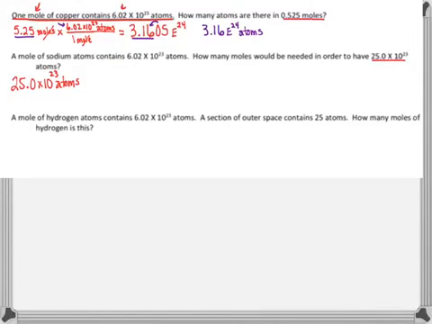Okay, and here's our conversion. We want to end up with moles now, and so we want to make sure that we get rid of atoms. So atoms will go in our denominator.